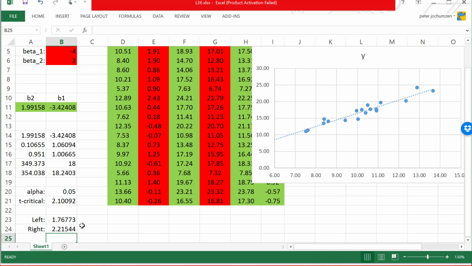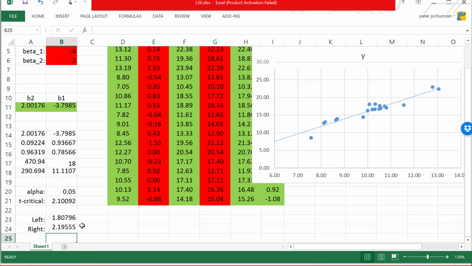So what should happen now if I F9 this experiment is that I will get beta 2 inside the interval in 95% of the cases. That is in 19 out of 20 simulations. So do it again. Got it.